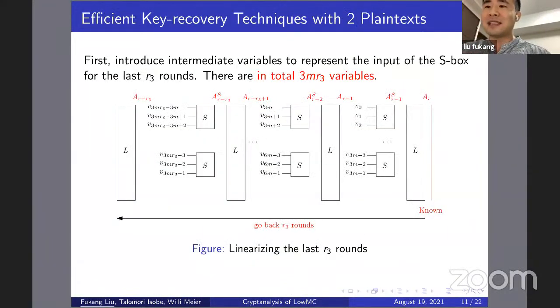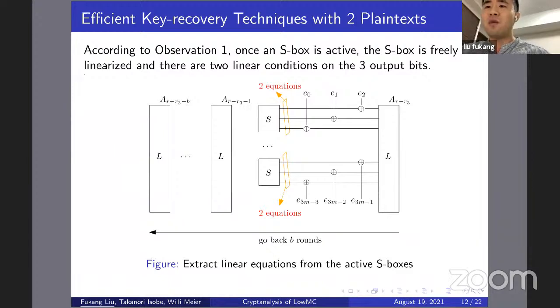So from now on, let us focus on the value transitions. First, for the last R3 rounds, as all the S-boxes are inactive, we can introduce intermediate variables to represent the input bits of each S-box. Then according to observation 1, once the S-box is active, the S-box will be freely linearized, and there are 2 linear conditions on the output bits.